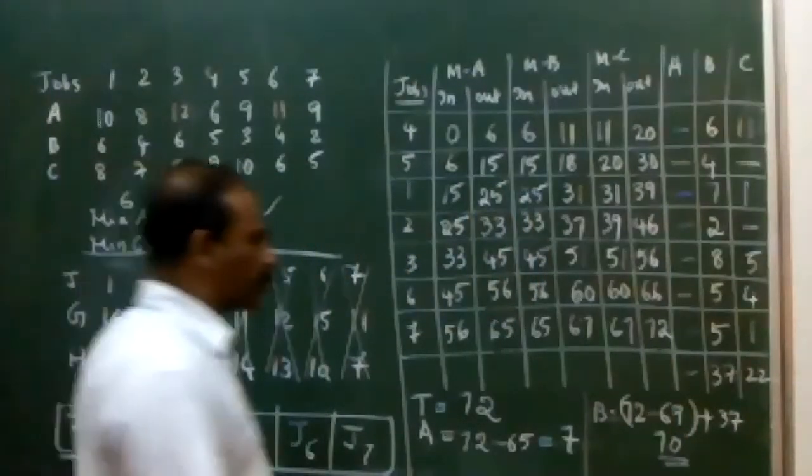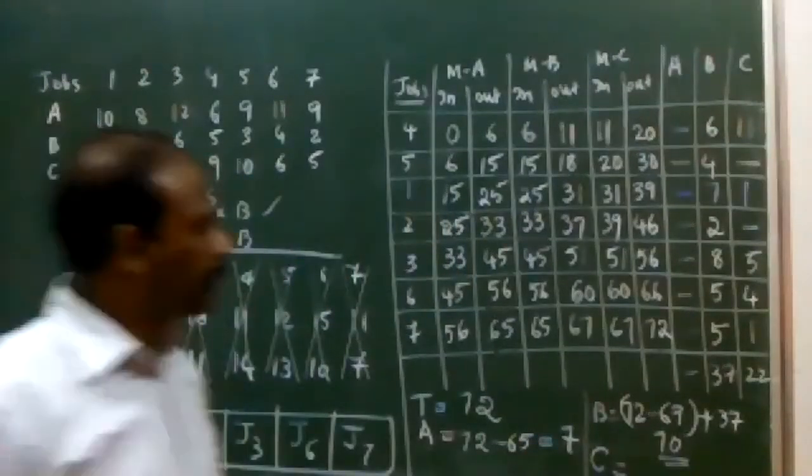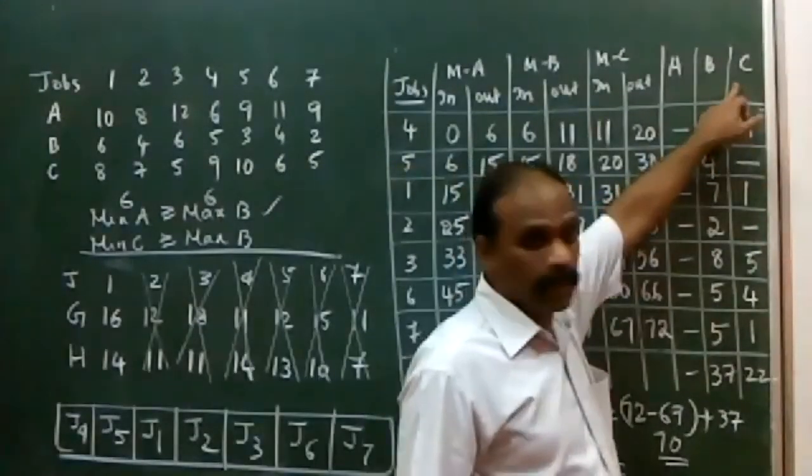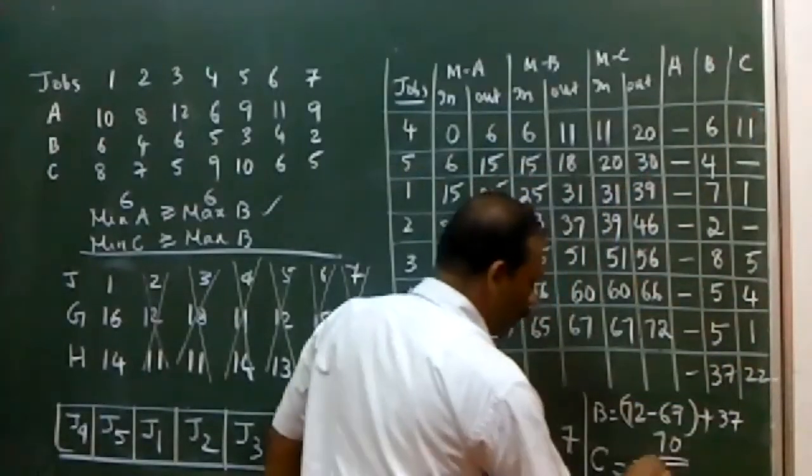And the last value, the idle time for machine C. So what is the idle time for machine C? It is just the total of this one. Directly you can write it down. So this becomes 22.